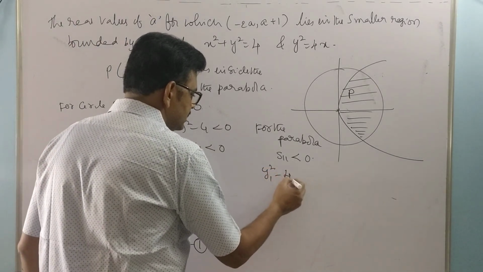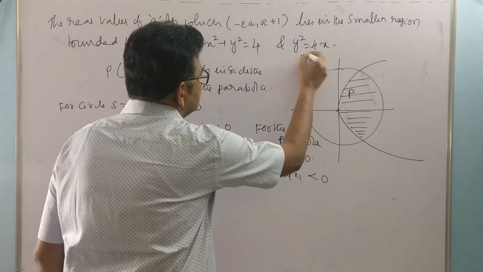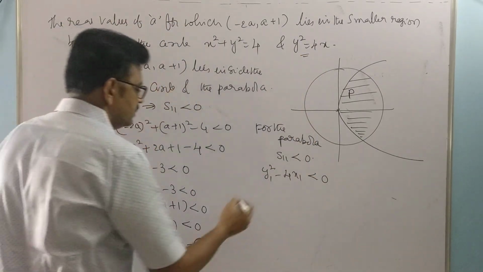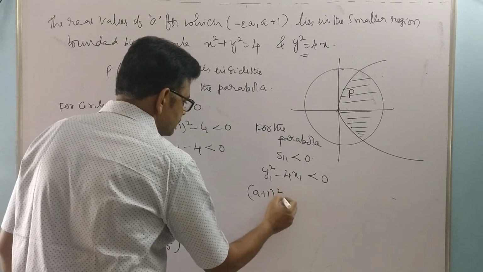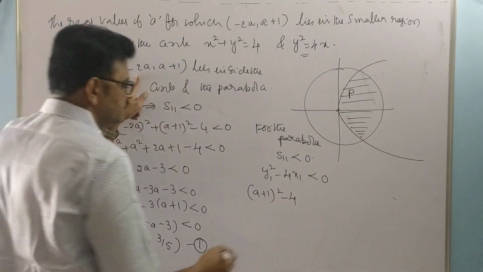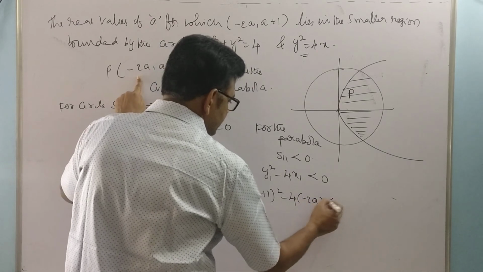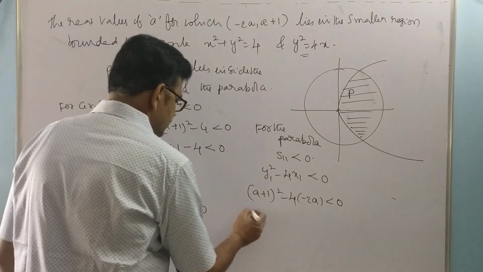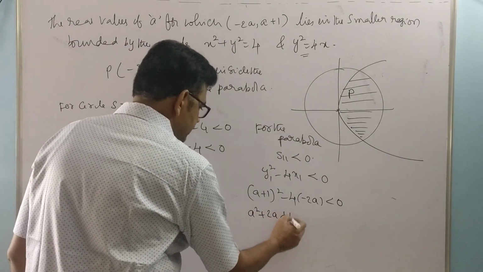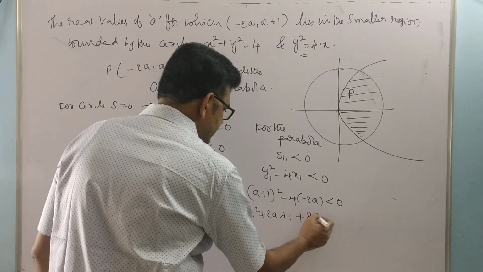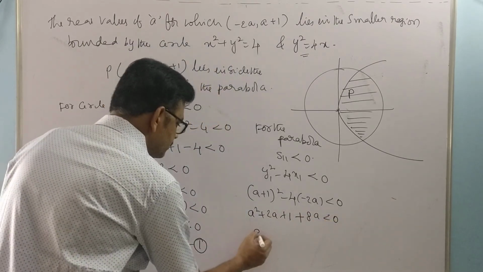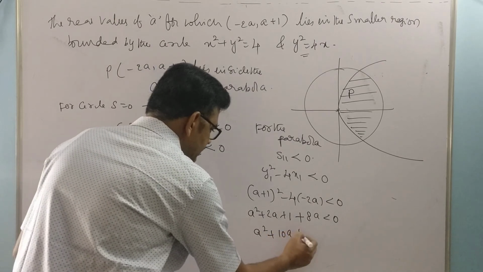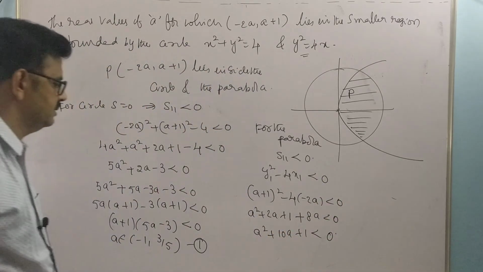So this is a² + 2a + 1 + 8a < 0. So a² + 10a + 1 < 0.